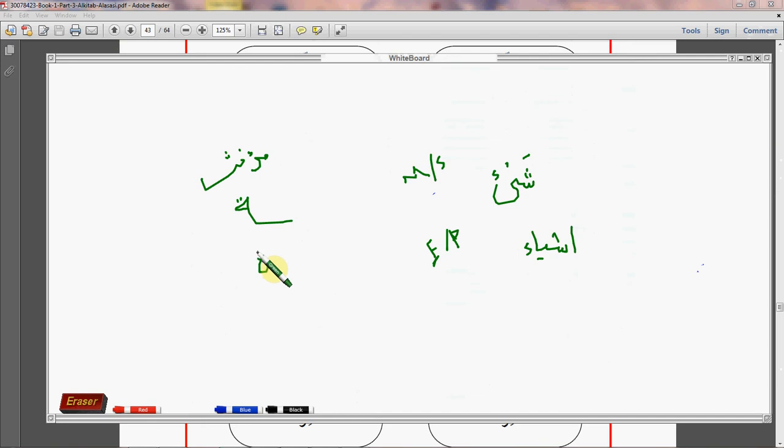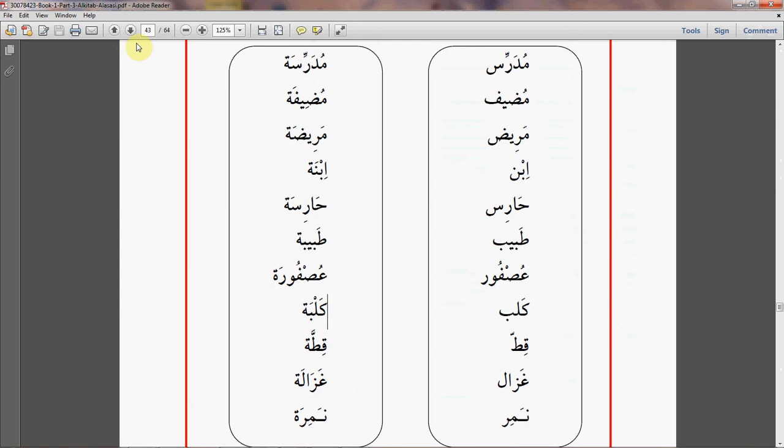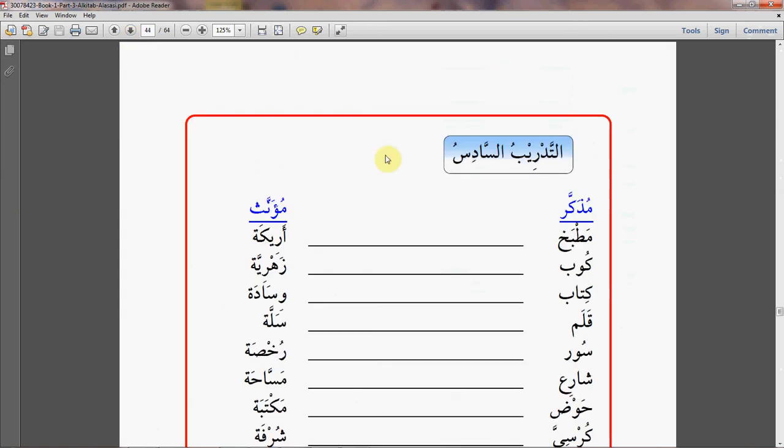If one of the narrow letters, the non-joining letters, comes before it, like alif, ra, za, waw, dal or thal. Okay, now let's go to the next page. Inshallah, this should be easy for you.